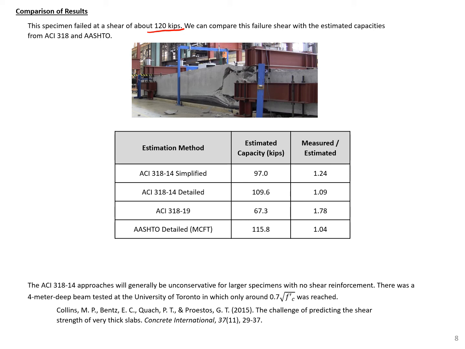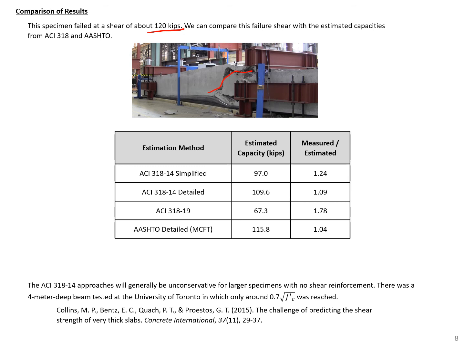And you can note the failure crack. So in this specimen, because we did not have any shear reinforcement crossing the crack, as soon as this crack developed, the specimen failed. So if you have shear reinforcement there, after the shear crack develops, you'll get additional shear strength, but in this case, it failed immediately after cracking.